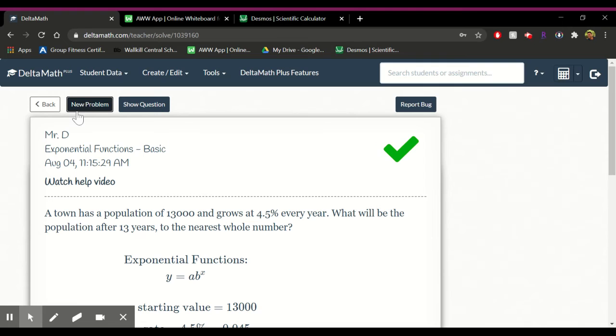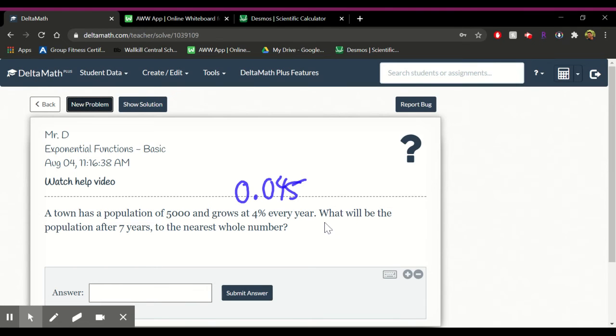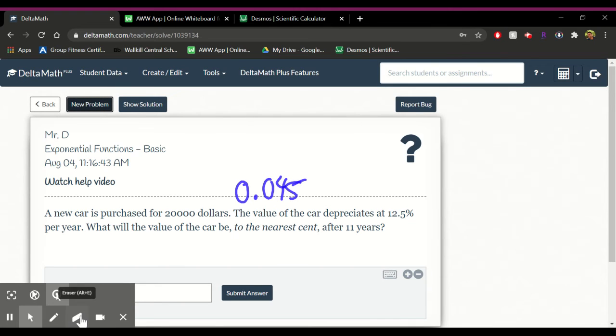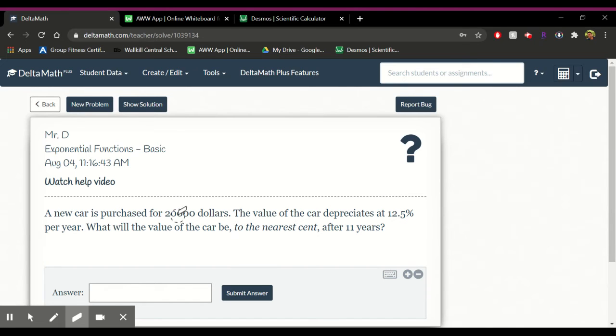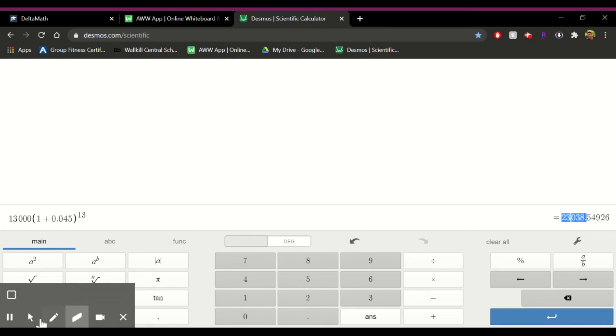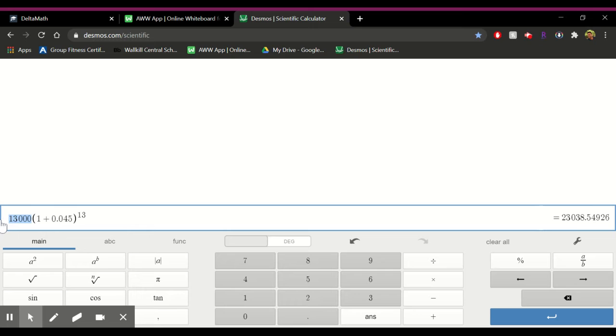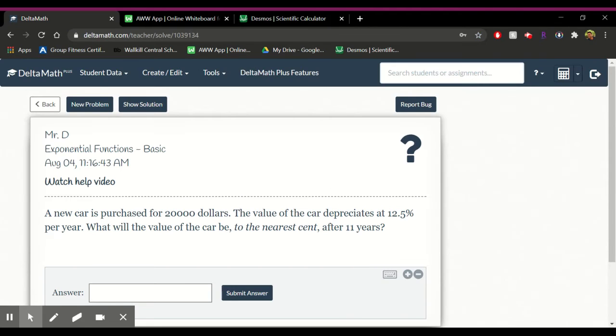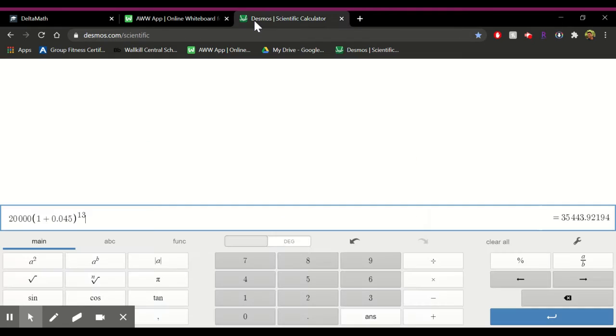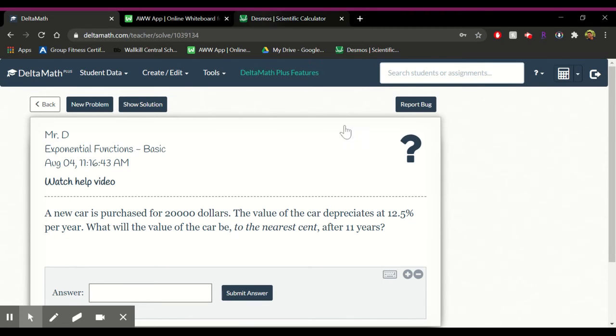Bam. Okay, now let's look at a couple of depreciation ones. Of course, it's going to give me a bunch of growth ones now. Watch. Okay, here we go. This one starts off at 20,000. So again, for this one, 20,000. And it depreciates at 12.5%. And so instead of adding it, we're going to subtract 12.5%. So how do you write it?